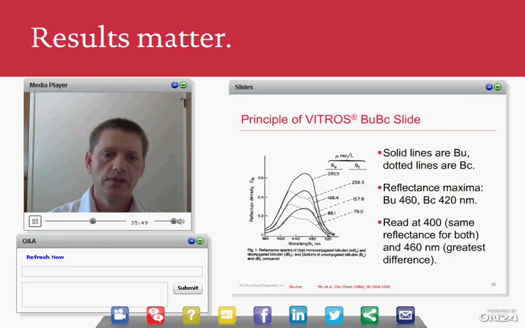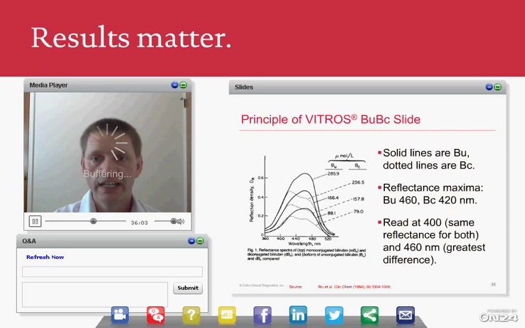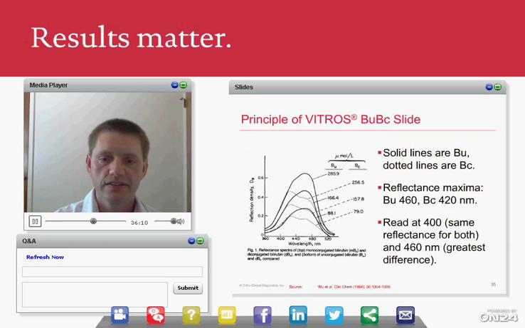So if you look here, this is the principle of the BBC slide. What you'll see is that at 400 nanometers, both unconjugated bilirubin, or BU, and conjugated bilirubin, BC, give the same reflectance. As you go up to higher wavelengths, you see a higher signal for unconjugated bilirubin versus conjugated bilirubin.